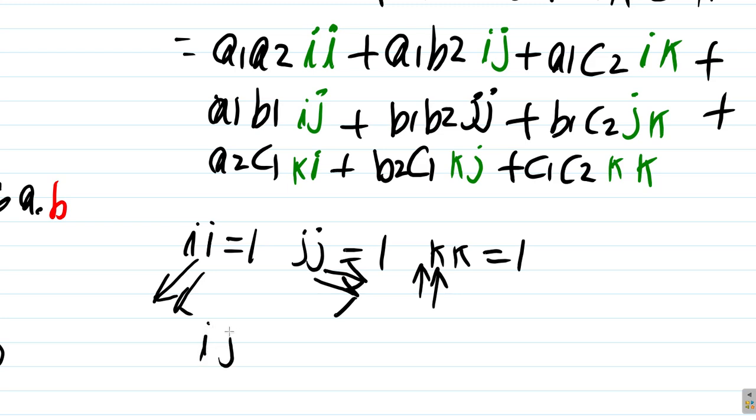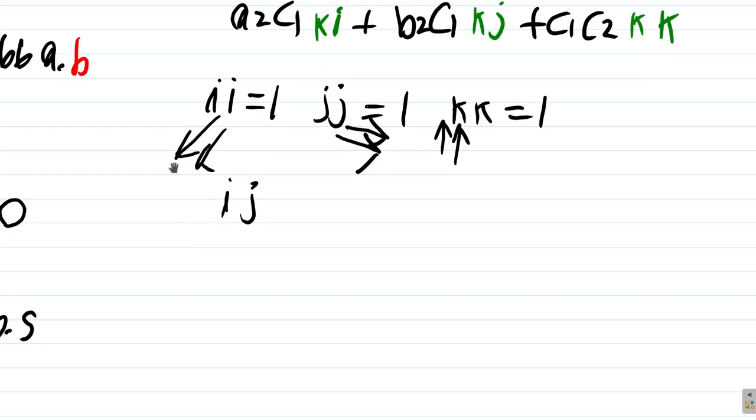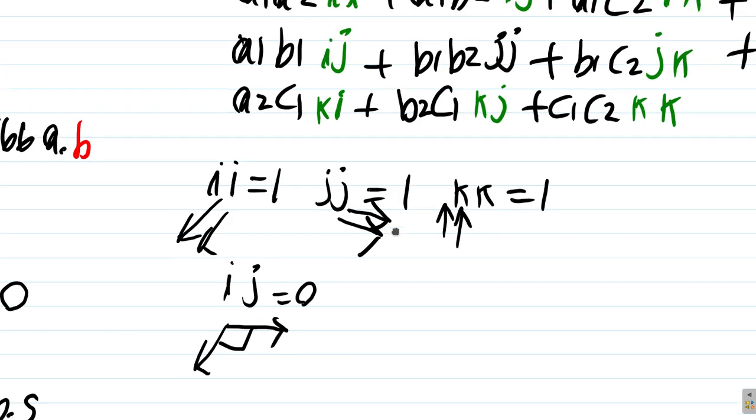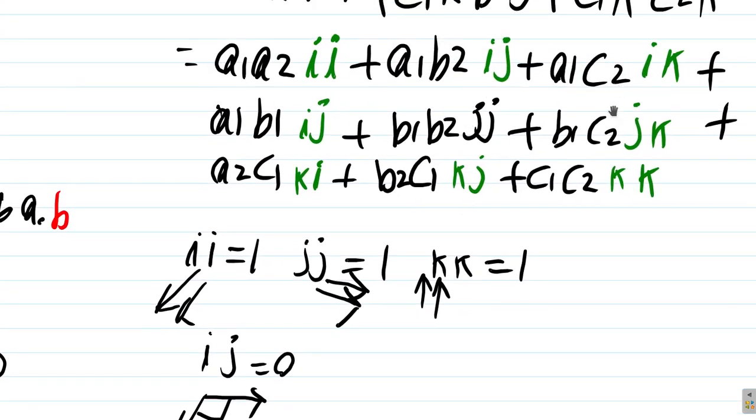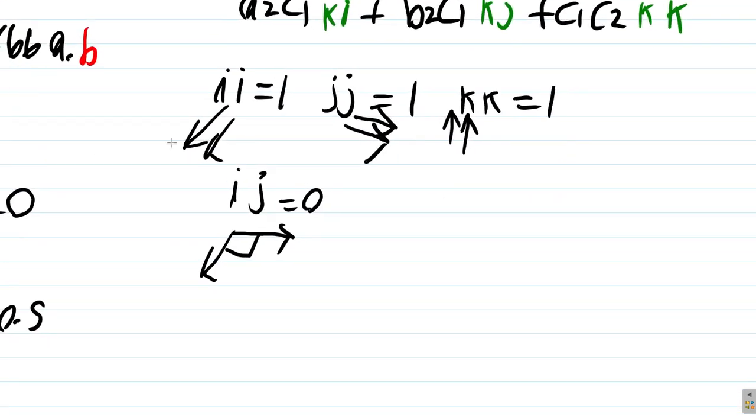Alright, I and J. What about IJ? Well, you see I is going this way and J is 90 degrees from it. Cos 90 is 0. So IJ is 0. What else we have? We have IK.